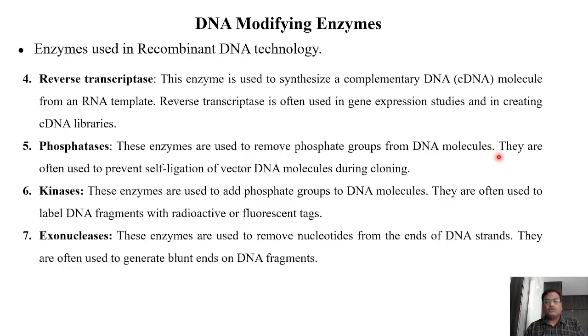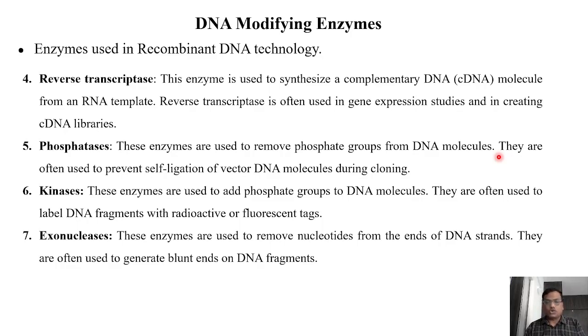And when the endonuclease enzyme is going to cut the DNA, there are high chances of that cut DNA joining to itself. So it's called self-ligation. So since our intention is to introduce the gene of interest in that vector, I don't want the self-ligation to happen. So to prevent that, phosphatases are used. So it will remove the phosphate groups from the DNA molecule.